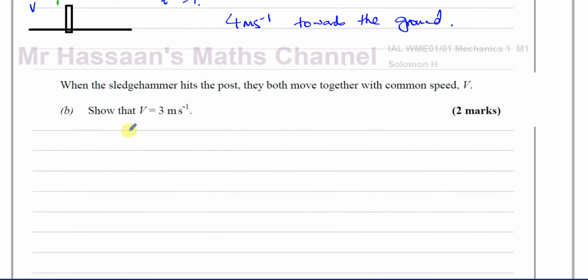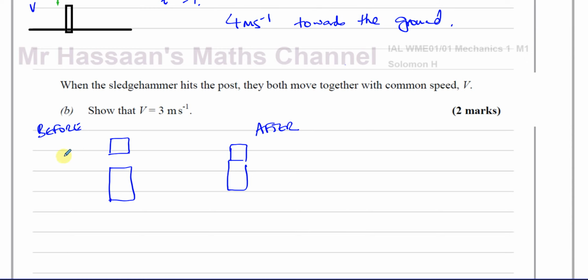So we can think about the sledgehammer just before it hits the post, and we can think about it just after it hits the post. We can think of this as before, and we can think of this as after.